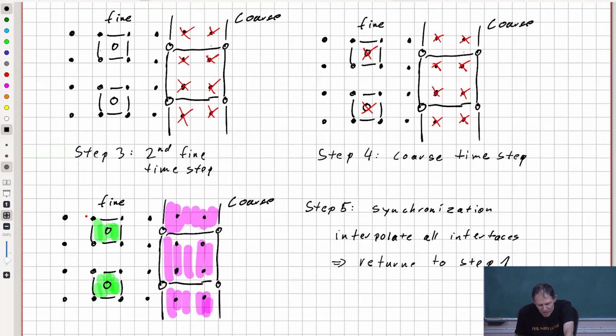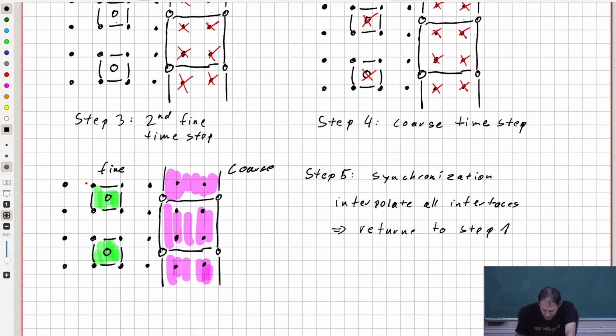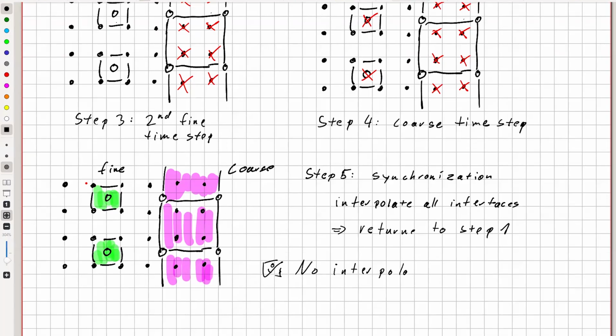So doing it this way, with the overlap, has the property, which we think is an advantage, that we do not need any interpolation in time. No interpolation in time is required.